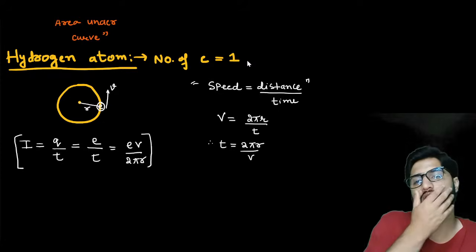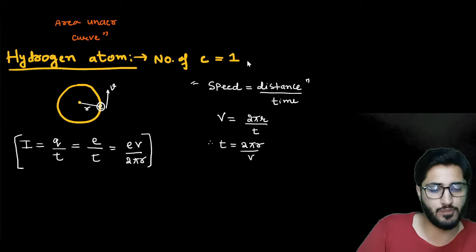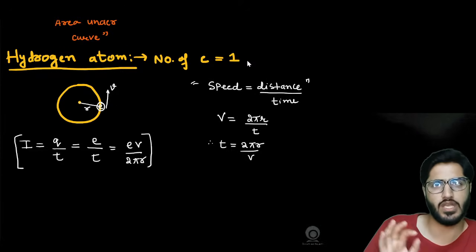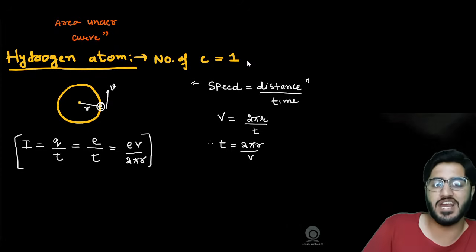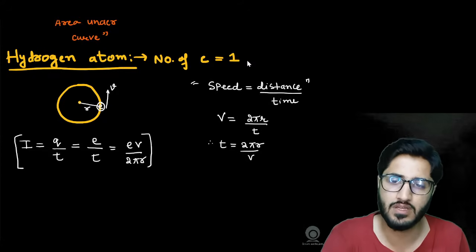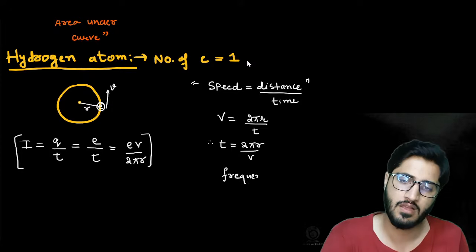Let us suppose we need to find the current in terms of frequency. Suppose in any numerical, frequency is given and charge is given, how to find the current now? Do you know what frequency is? Frequency is equal to 1 by time.